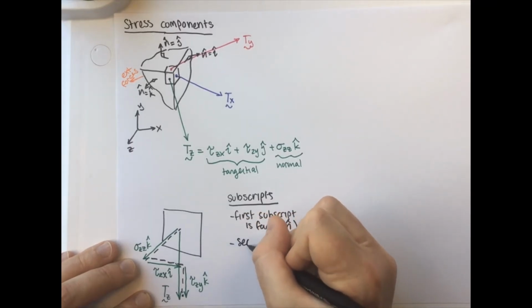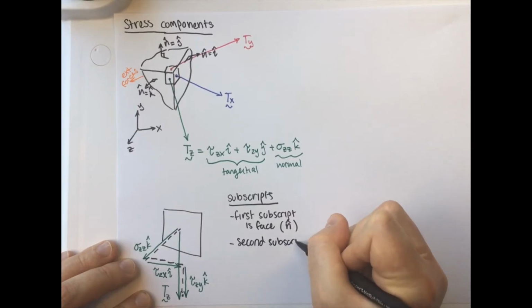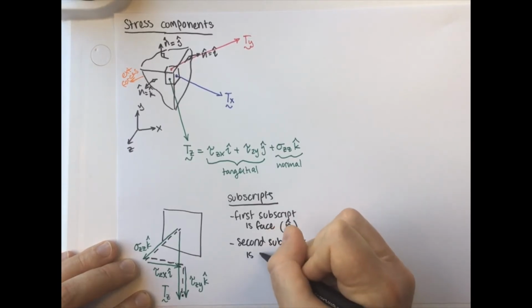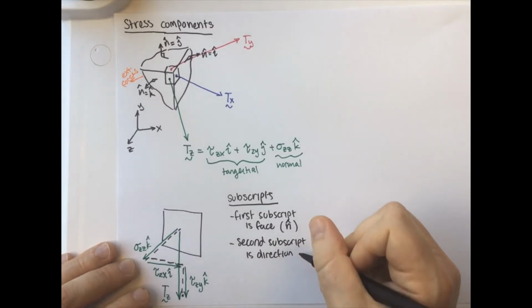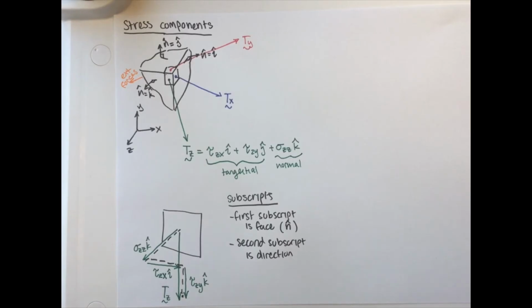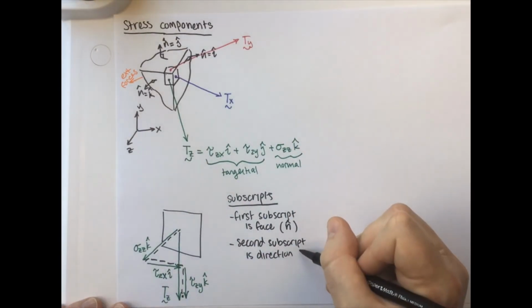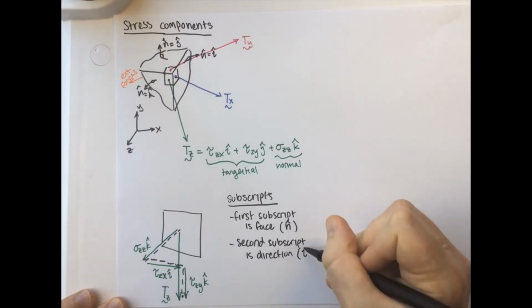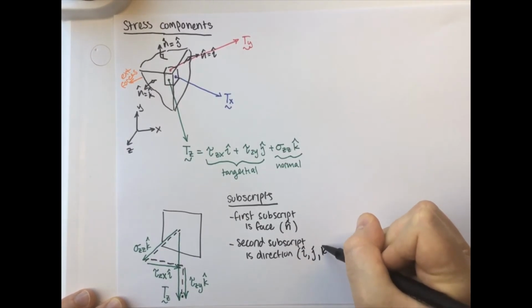And the second subscript is the direction, and so this is going to be talking about whether it's normal or tangential to that plane. So this is going to be about whether the vector goes in the i direction, the j direction, or the k direction.